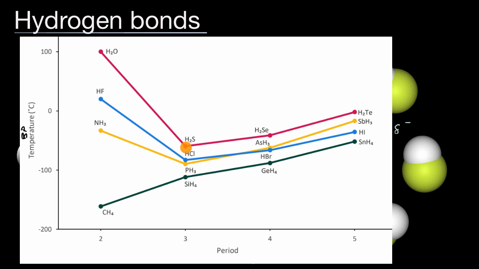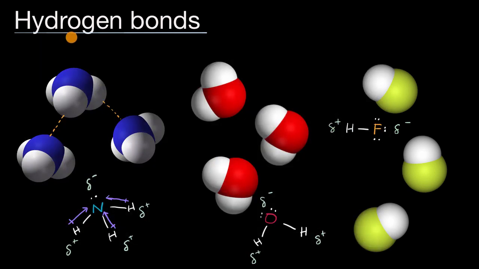In particular, dipole forces would be at play. But what you can see is the spread is much higher for these molecules formed with nitrogen and hydrogen, fluorine and hydrogen, and oxygen and hydrogen. And that's because hydrogen bonds can be viewed as the strongest form of dipole forces. Hydrogen bonds are a special case of dipole forces.